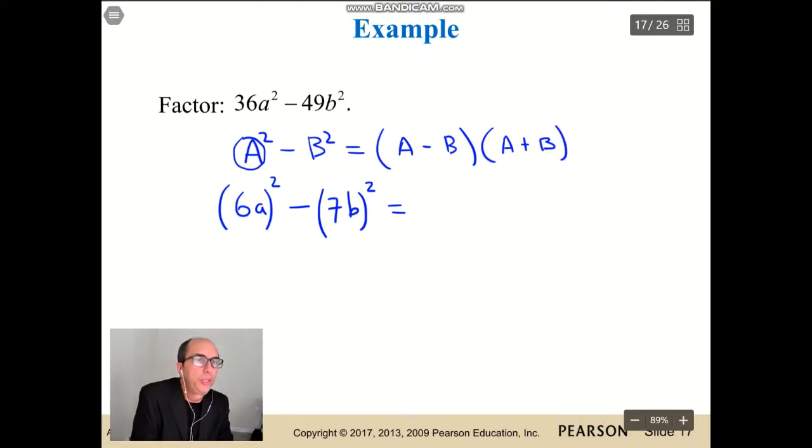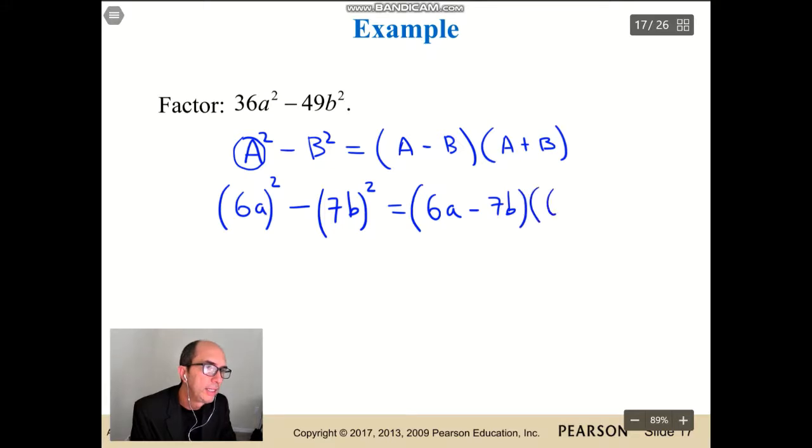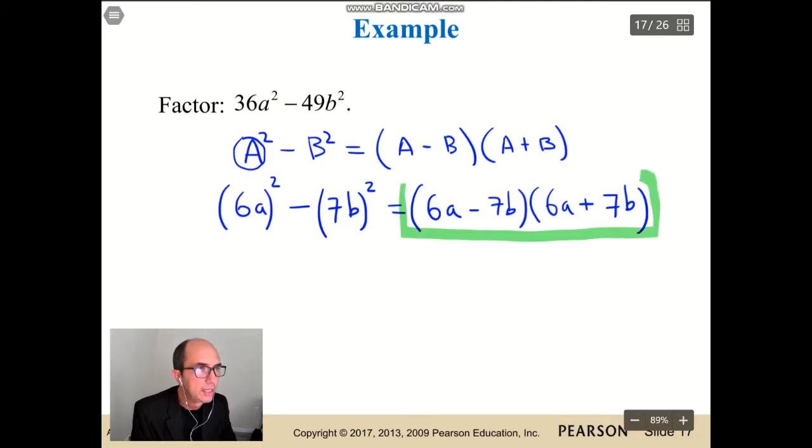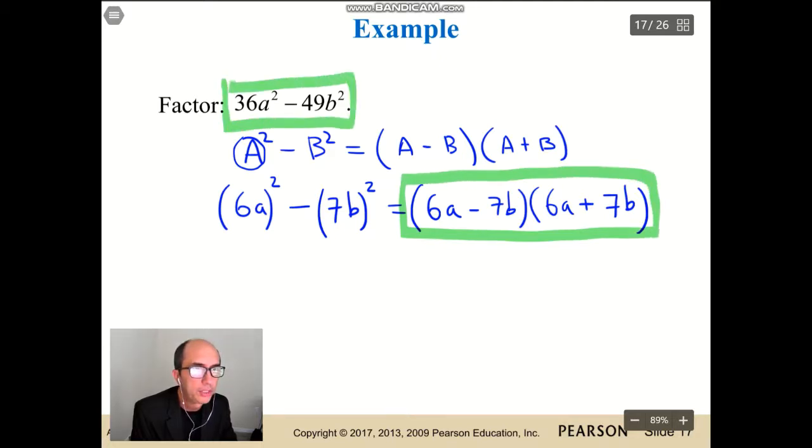That means we can factor it as (6a minus 7b) multiplied by (6a plus 7b). Repeating, just to make it clear, this is equivalent to the original expression, this is how we factor the original expression.